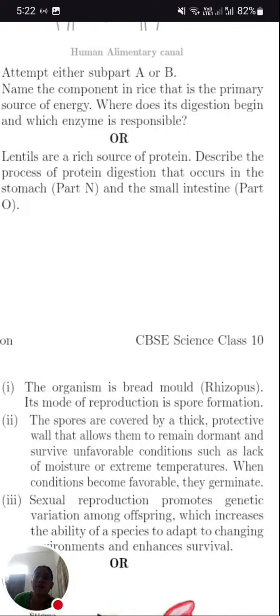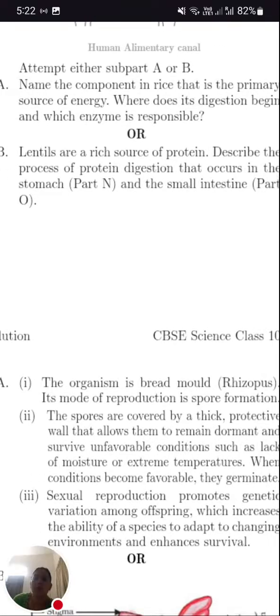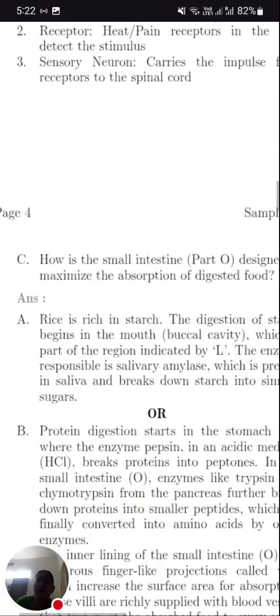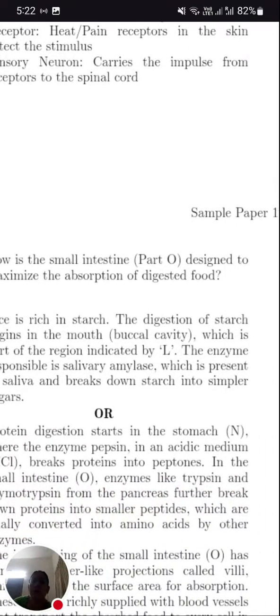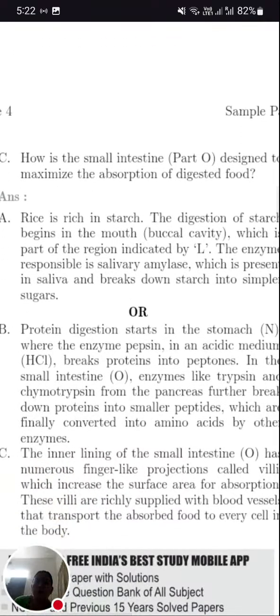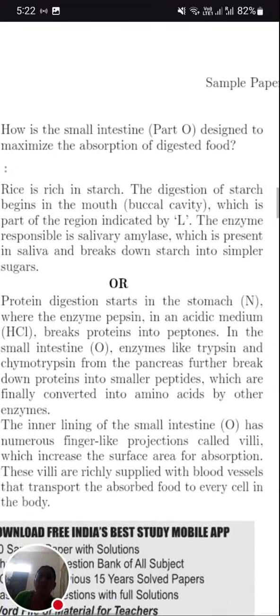So let's have the answers now. The first one, rice, we already discussed that. Here the enzyme is salivary amylase, and we covered how the HCl is making the pepsin become active.